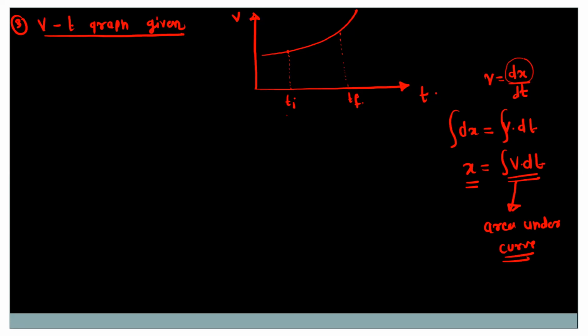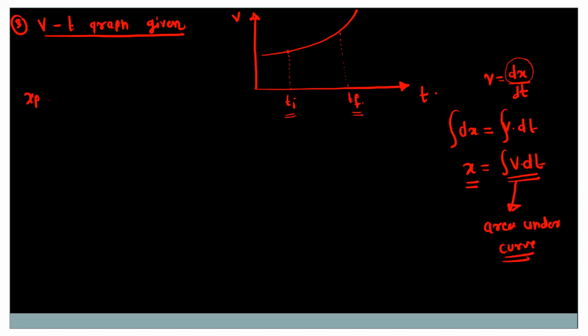So here the time limits are Ti, the initial time, and Tf, the final time. Suppose we are interested in the position at the final time. So the complete equation will be, I will write just the final formula.